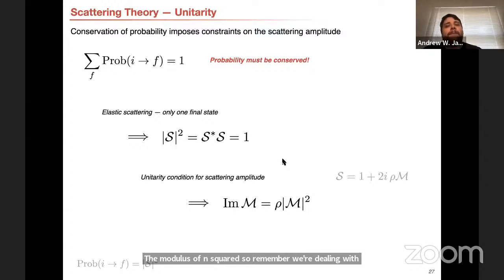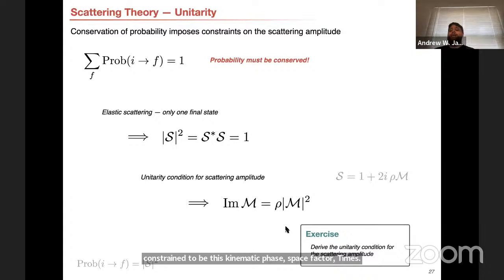They're generally complex numbers. At some fixed energy, it's a complex number. So it has both the real and imaginary part. And this condition imposes that the imaginary part is constrained to be this kinematic phase space factor times the modulus of the amplitude squared. Like I said, one of the suggested exercises is just to derive this from this condition.